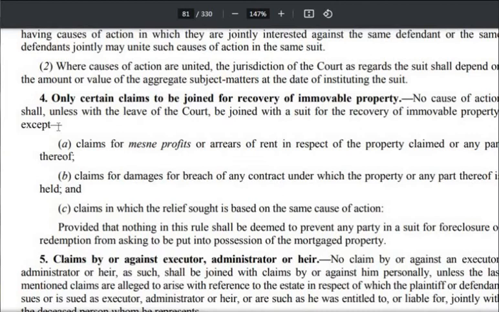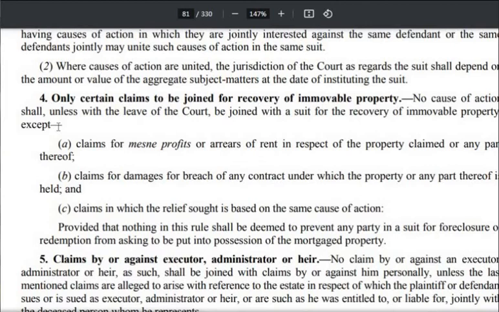In the light of Order 2 Rule 3, and as per Order 2 Rule 3, a plaintiff can join more than one cause of action in the same suit subject to the conditions of Order 2 Rule 3.